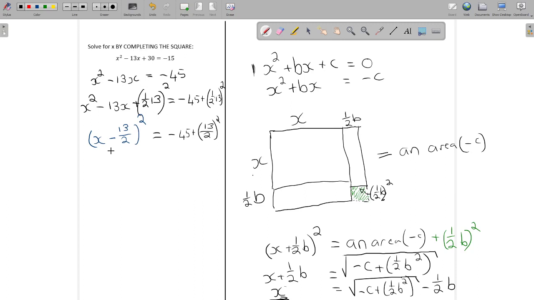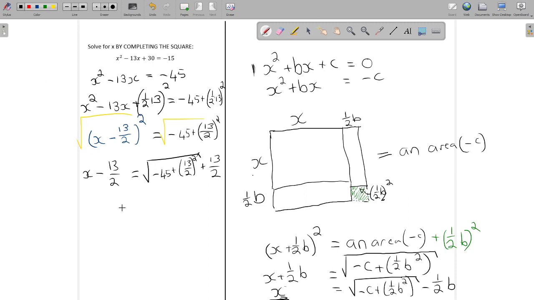So we can actually go ahead and square root both sides. When we square root this side, and you square root that side, what you do to the one side, you do to the other side. So x minus 13 over 2 is equal to the square root of minus 45 plus 13 over 2 squared, plus 13 over 2.